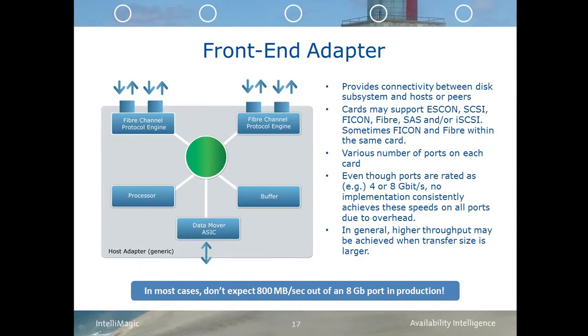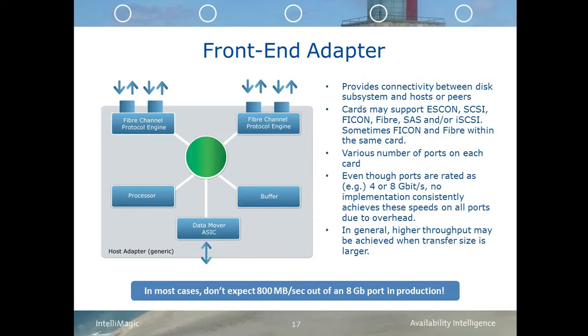The host adapters provide connectivity to hosts and between storage systems. Although these adapters may support various protocols, for z/OS hosts, the most common one is FICON. For peer connections, Fiber Channel is typical, but other protocols such as iSCSI may be used. The number of ports available per card varies depending on the vendor and the technology.